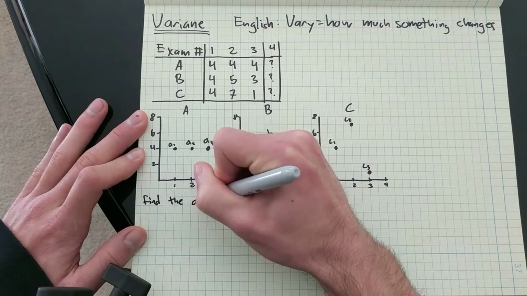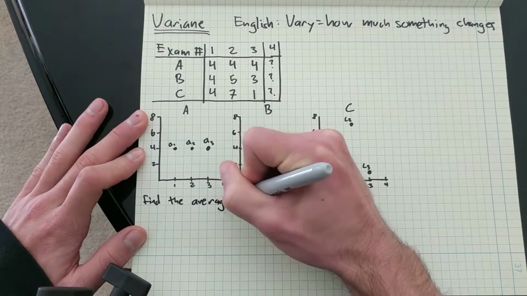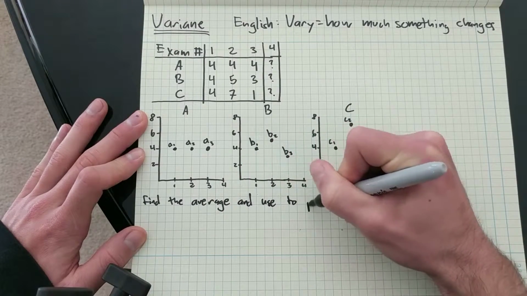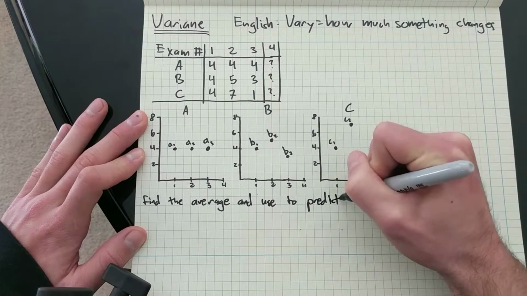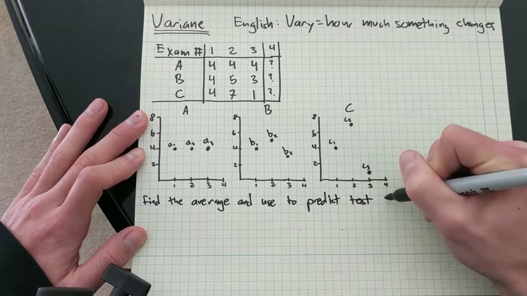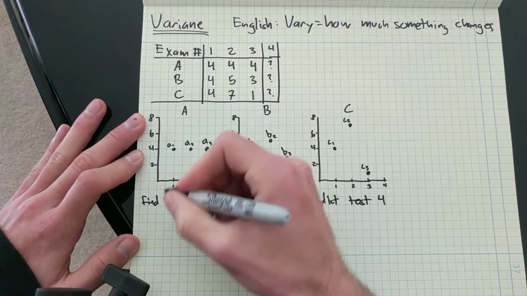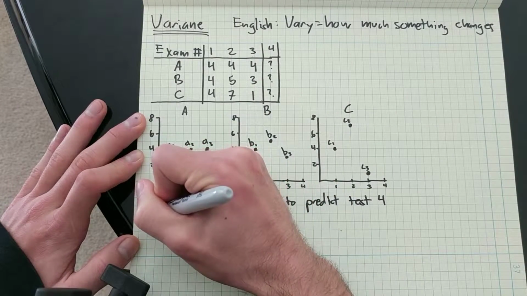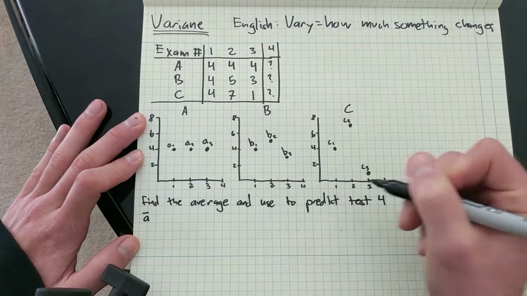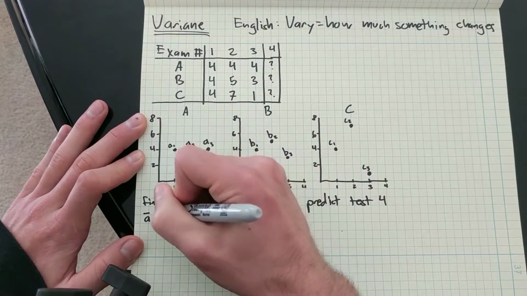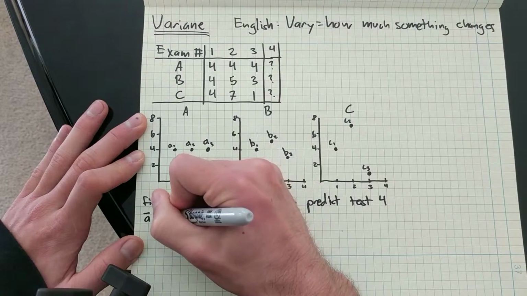So first, let's find the average and use it to predict test 4. For A, the average, and this is a common notation, is A bar. The bar on top means the average.